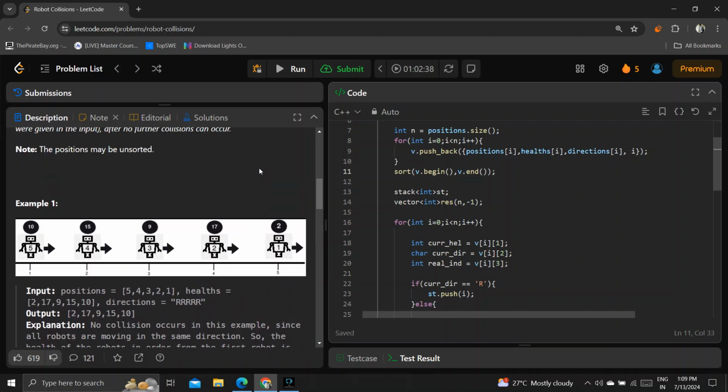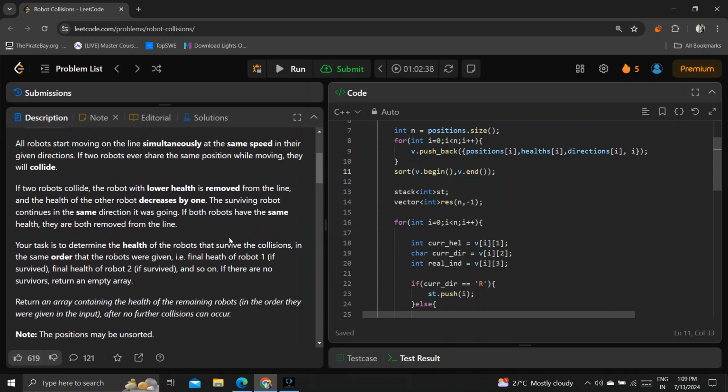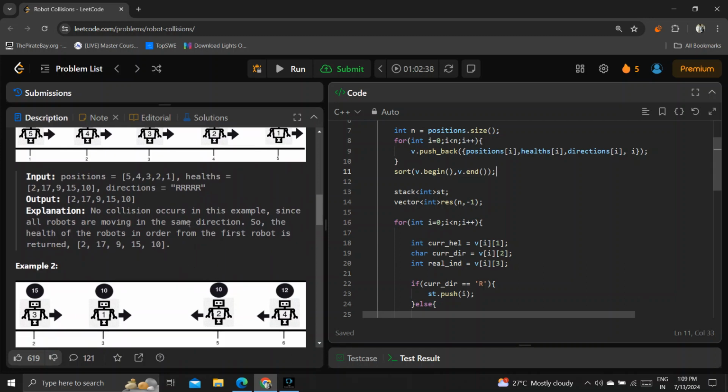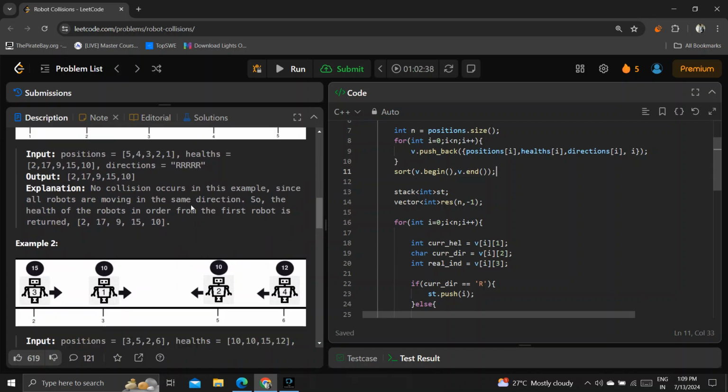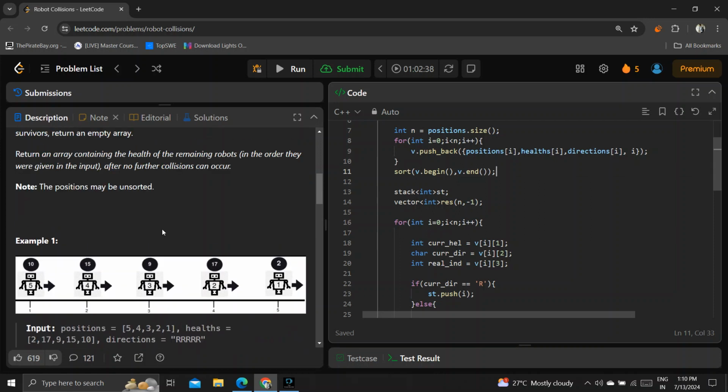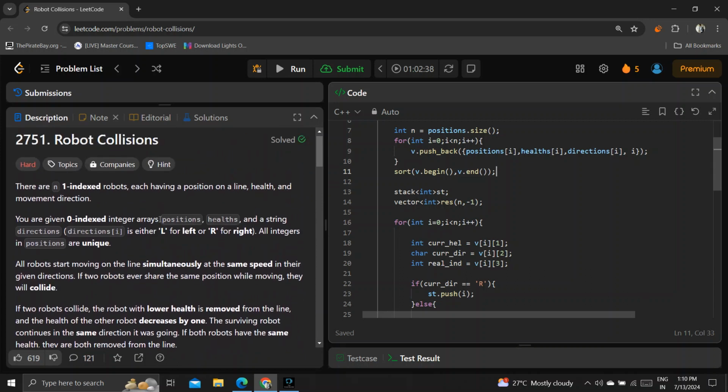Now, for now, it is not a hard level question, right? Because we simply have to collide them and we can simply use a stack. So whenever this robot comes and this robot comes, we can compare them and move the values onto the stack with the pop condition.